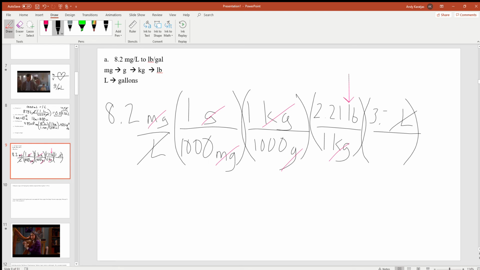We find that there's 3.79 liters in 1 gallon. At this point, again, this just becomes sort of an arithmetic problem as long as we've set everything up correctly. And this calculates to 6.87 times 10 to the minus 5th pounds per gallon.